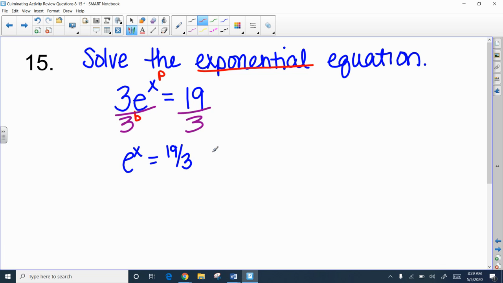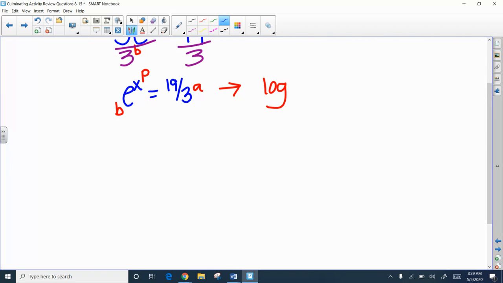Step two is to change to logarithmic form. So this is exponential, b to the p power equals a. So I need to change to log form. Log form is going to be log base b of a equals p.